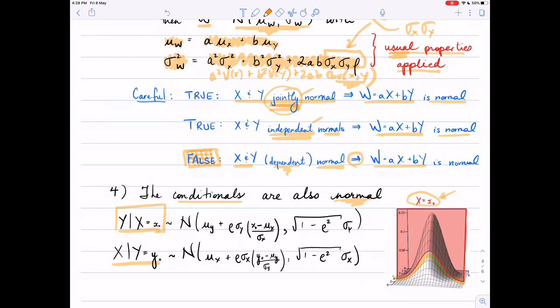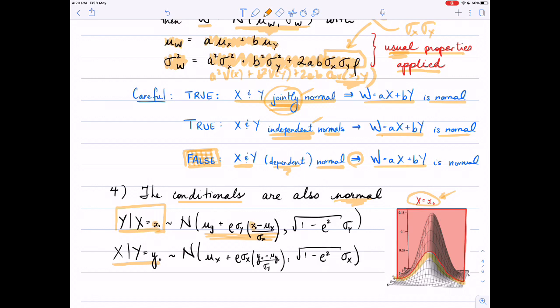Now, the issue is those parameters. Ooh, baby. Those are complicated. So the mean of this conditional is, well, you can read it here, mu sub Y plus rho times sigma sub Y times x0 minus mu sub X over sigma sub X. Don't forget x0 is that constant.